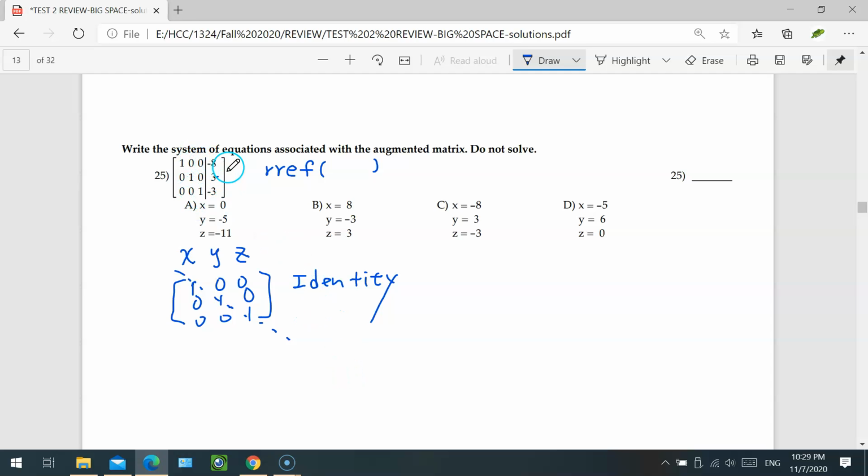So the result here gives us x equals -8, y equals 3, and z equals -3. So the result has been shown here. So we just pick the -8, 3, and -3. So C is correct.